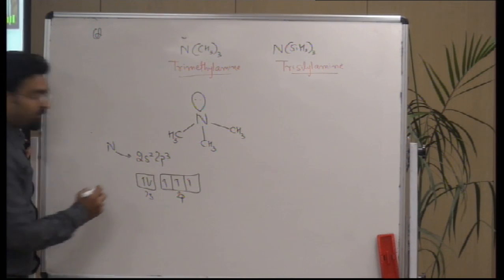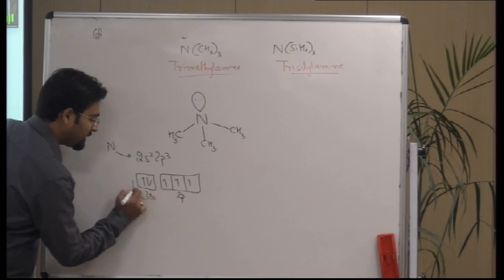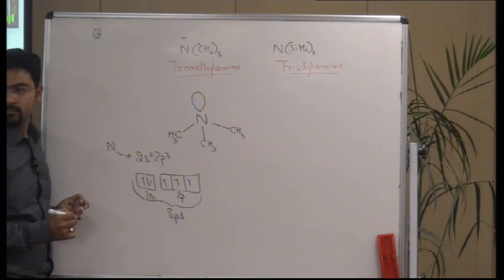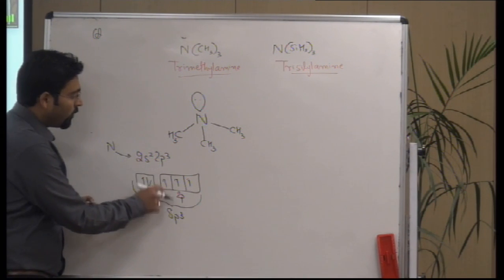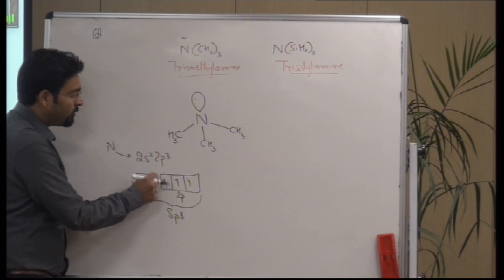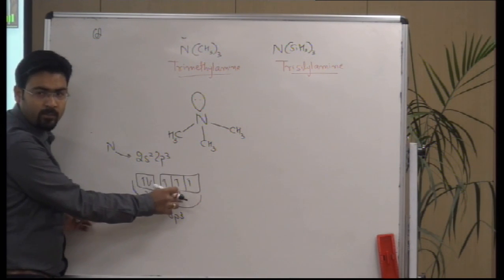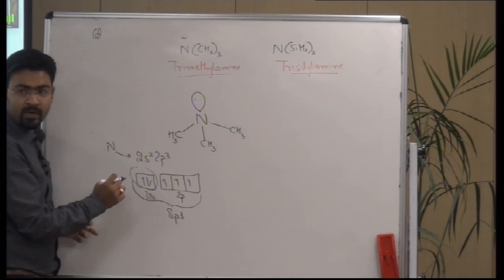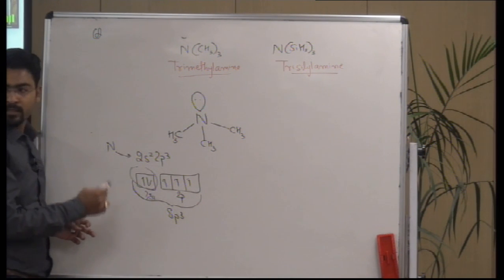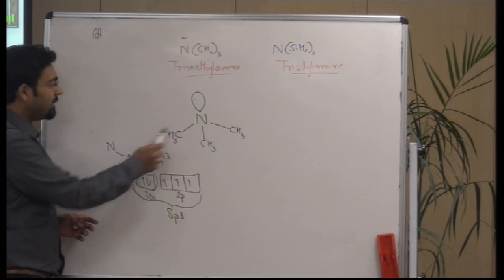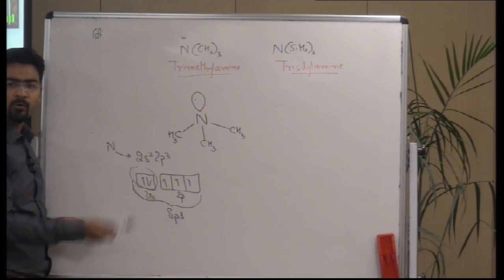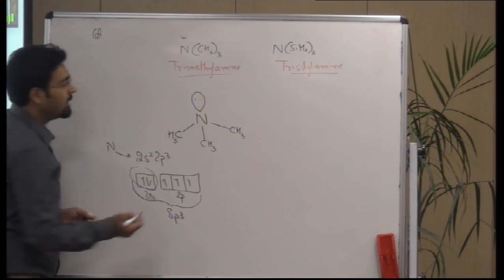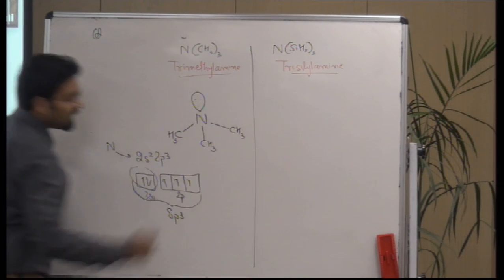It will hybridize all 4 orbitals and form sp3 hybridization, right? Out of the 4 sp3 hybrid orbitals, it will use 3 to form sigma bonds, and one of the sp3 hybrid orbitals will contain a lone pair. This is what really happens in trimethylamine or ammonia or any similar compound, for example NCl3. But what happens in trisilylamine?